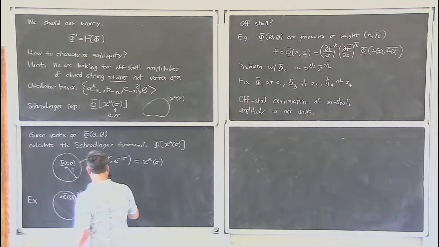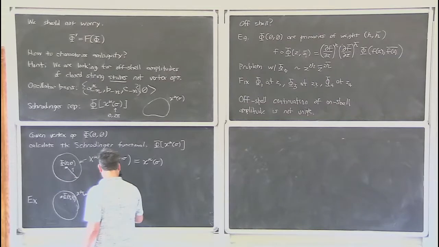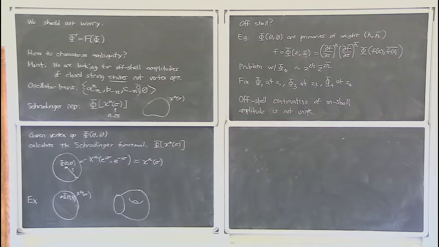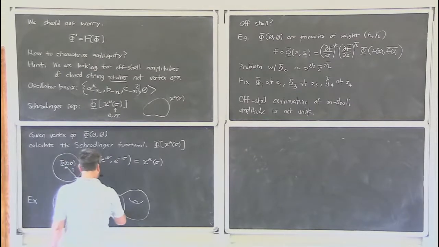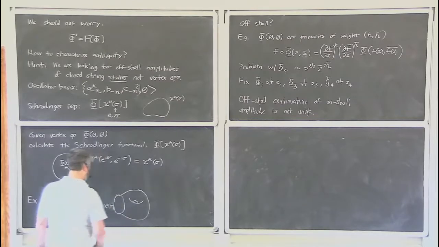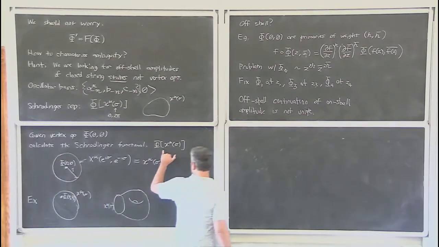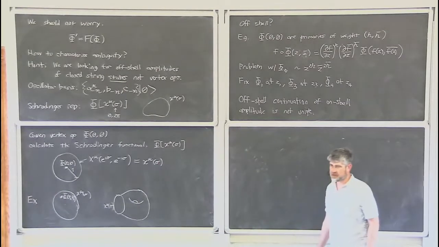Another example is that you can consider a path integral on a torus with some hole removed. And then on this hole, you can pose boundary conditions x mu of sigma. So this will also define a Schrodinger functional and therefore a closed string state.